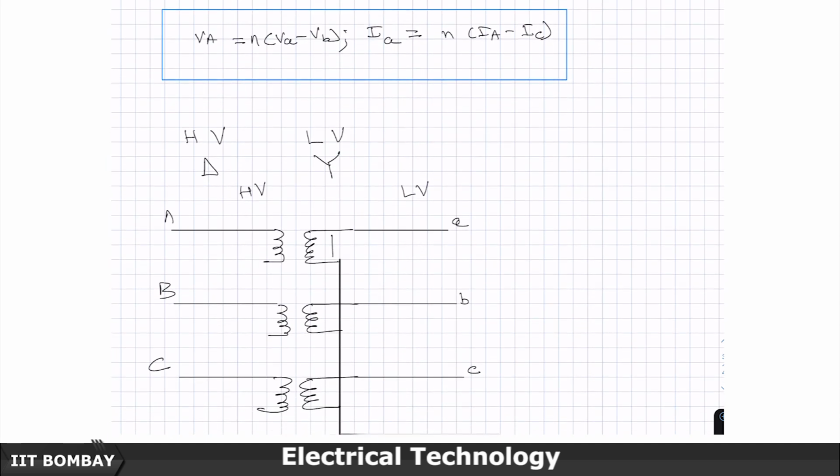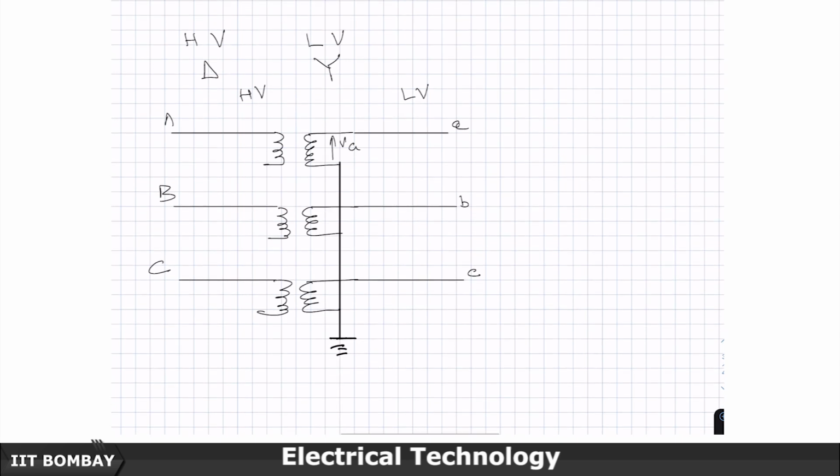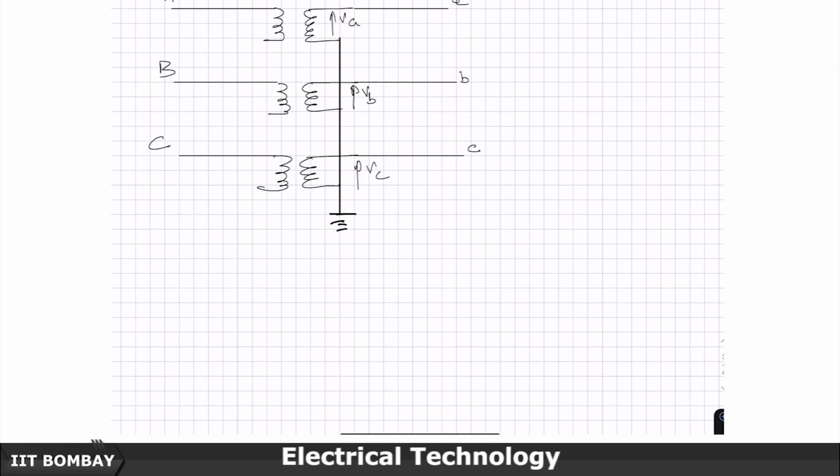Let us see. This is VA, VB and VC. This side again VA, VB and VC.